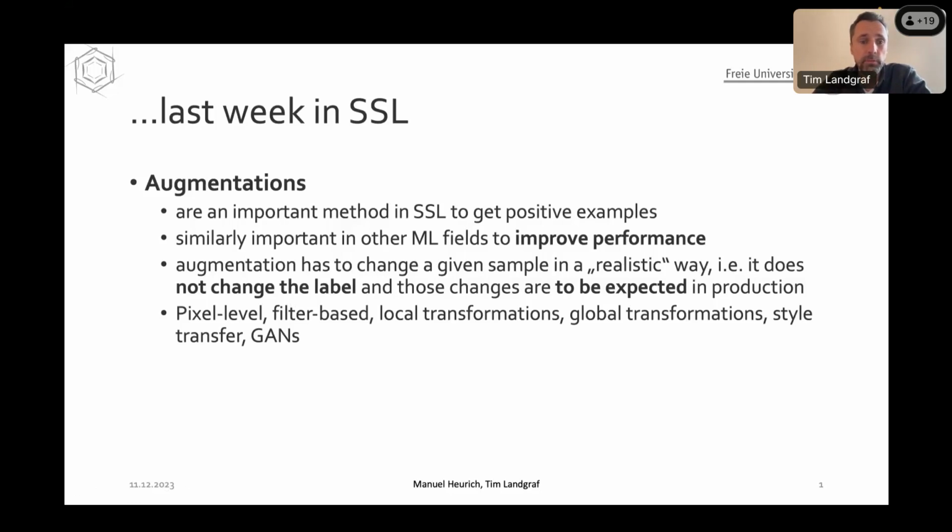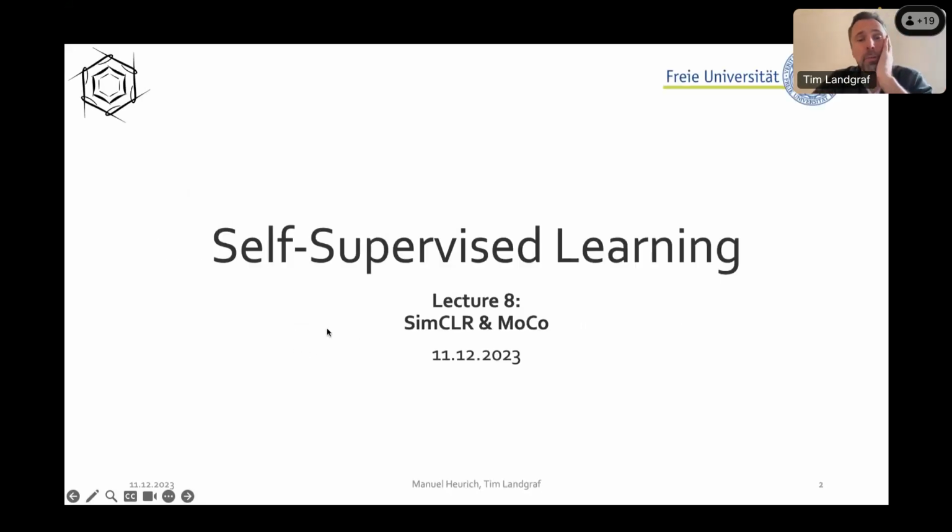We've looked at pixel-level augmentations that we implement through convolutions, local geometric transformations or global transformations, and style transfer and GANs.